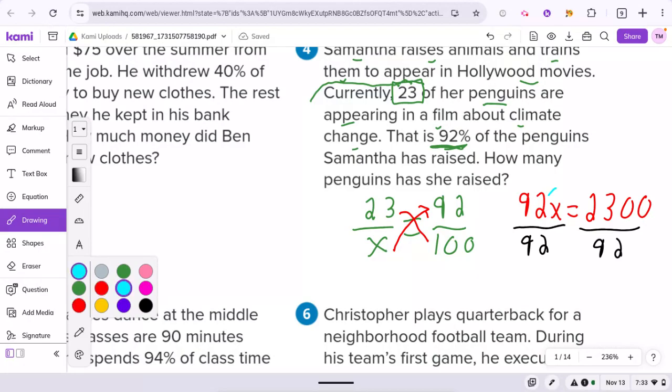The 92s on the left cancel. You'll be left with x equals, and then just divide 2,300 by 92, and you would get 25. So 23 is 92% of her total penguins. Her total penguins is 25.